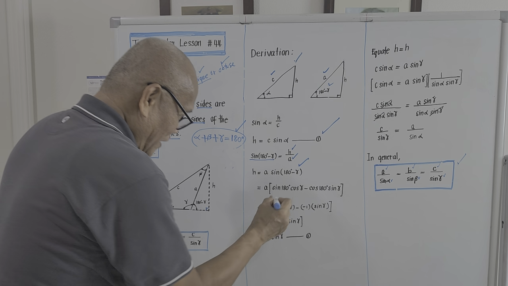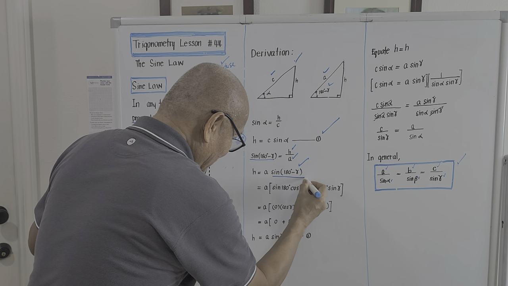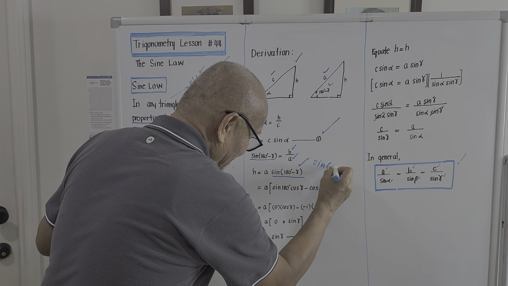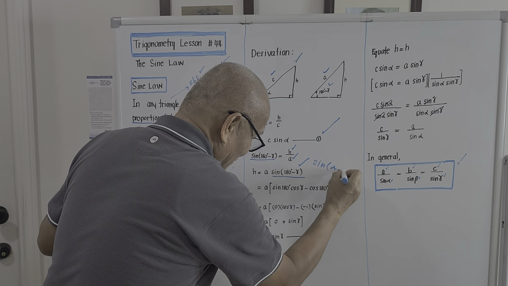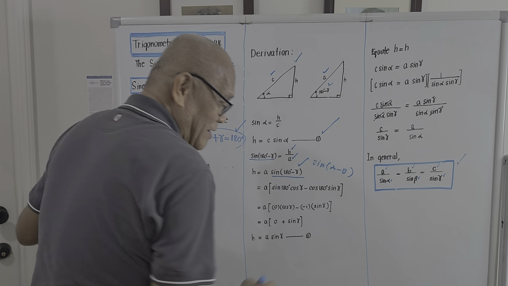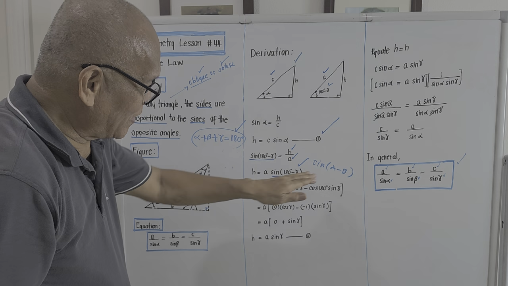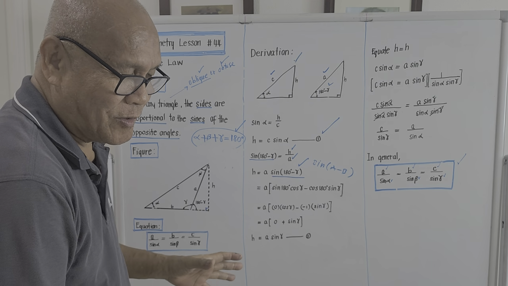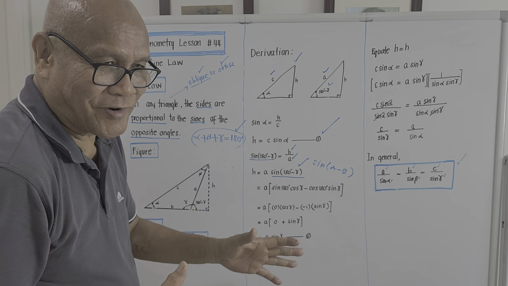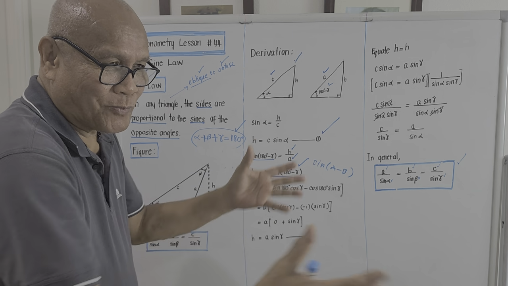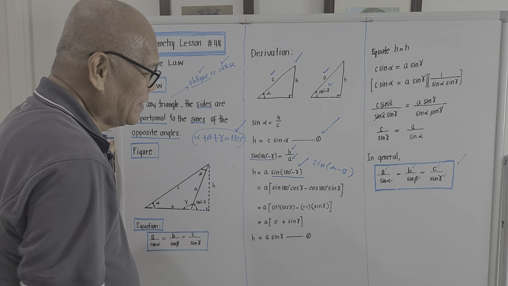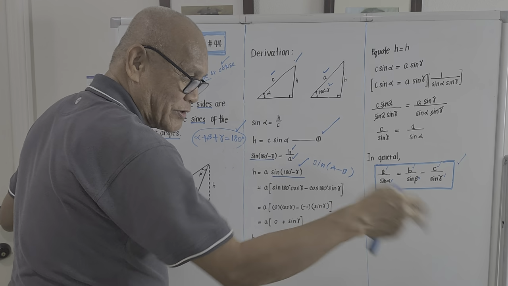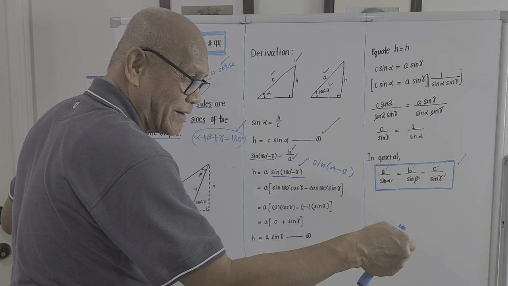Okay? This one here is a complicated one. This is similar to the form sine of the quantity a minus b. Right? We passed by that one, the so-called expansion of the sine of the sum or difference of two angles, right? And we know how to expand that one. Like what I said, sine of the quantity a minus b will be sine a cosine b minus cosine a sine b, right?